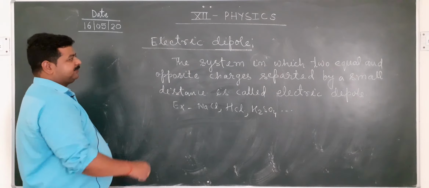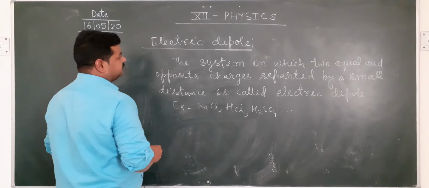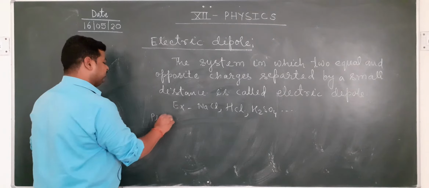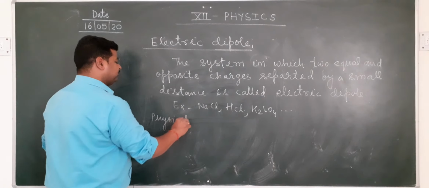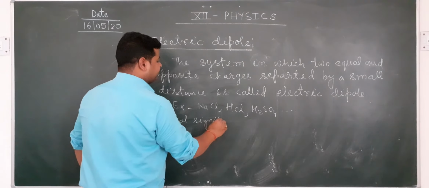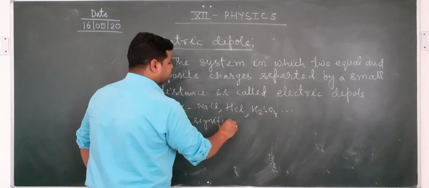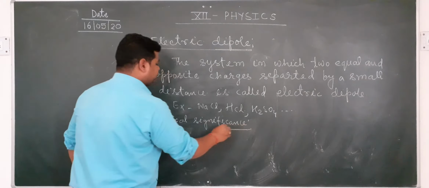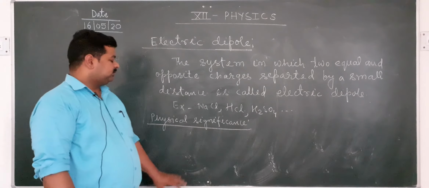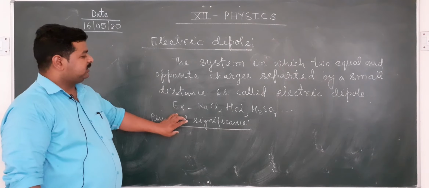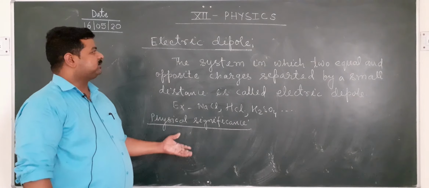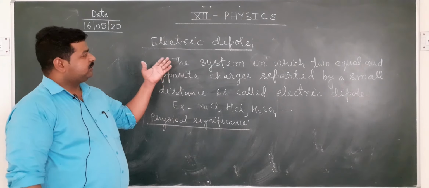One topic related to the electric dipole is the physical significance of electric dipole. What is the physical significance? In the physical significance, we study which type of chemical compound is known as an electric dipole and which type is not.